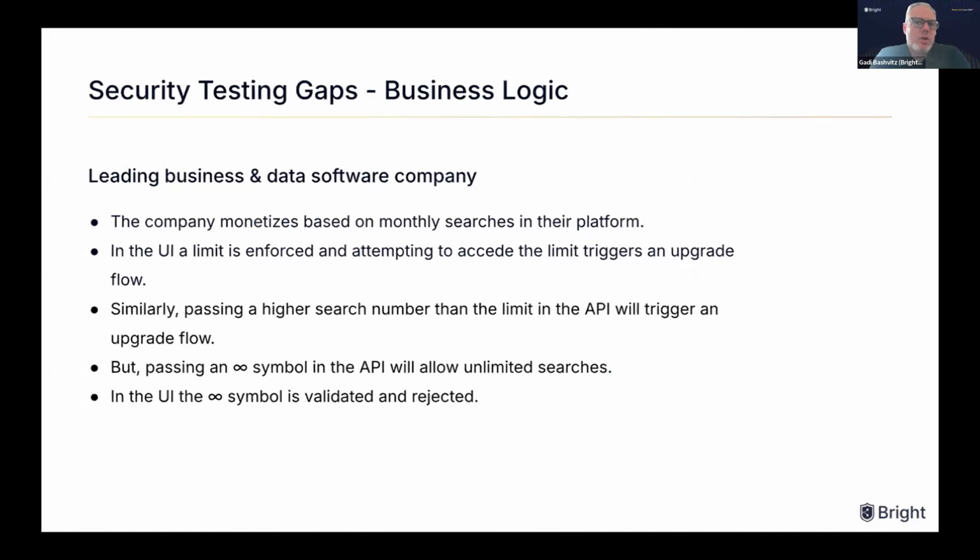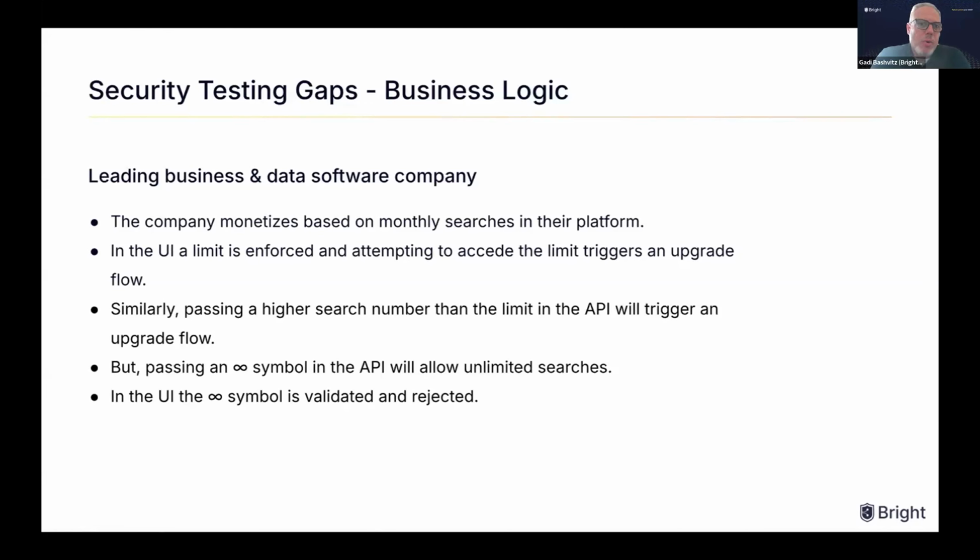And if you look at their user interface, when you try to enter the number of queries that you can support per month, there is a boundary control there that does not enable you to do that.